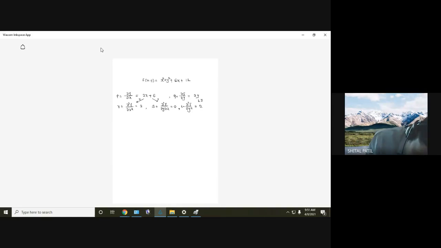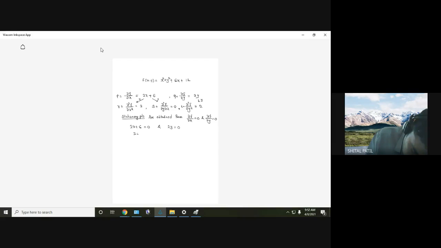Okay. Now stationary points are obtained from del f by del x equal to 0 and del f by del y equal to 0. So what is del f by del x? 2x plus 6 equal to 0 and 2y equal to 0.